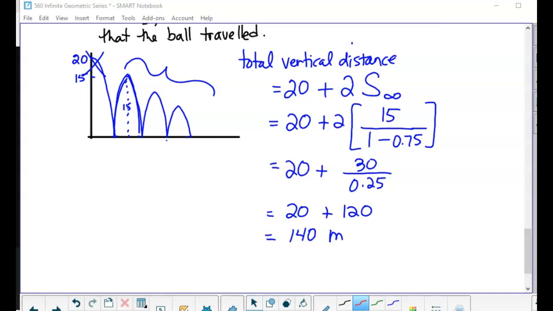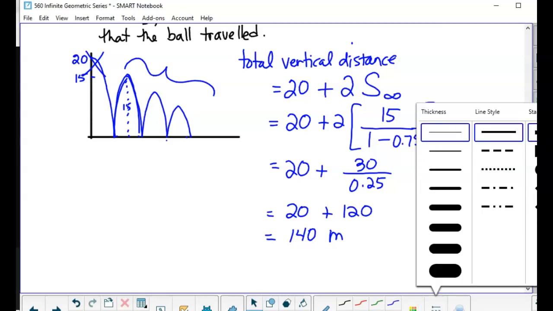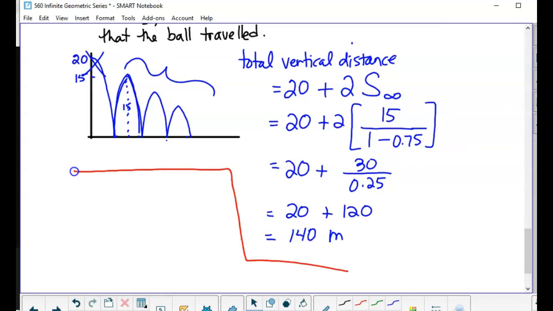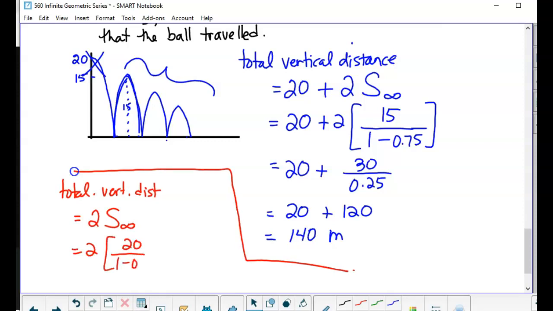If you want to use 20 as your first term, you can. But if you used 2 times S infinity, where you started with 20, that means you've counted 2 times 20. So then you would have to subtract 20.